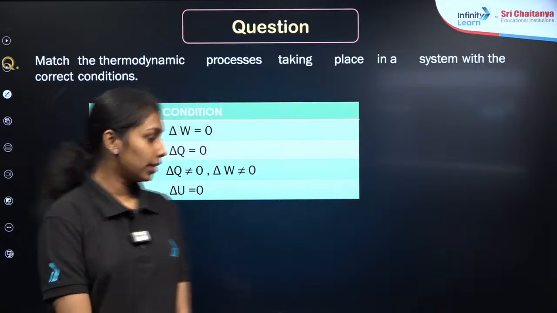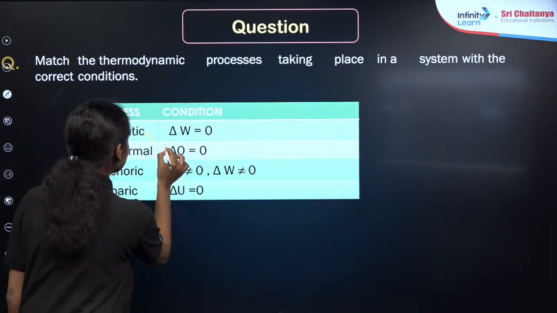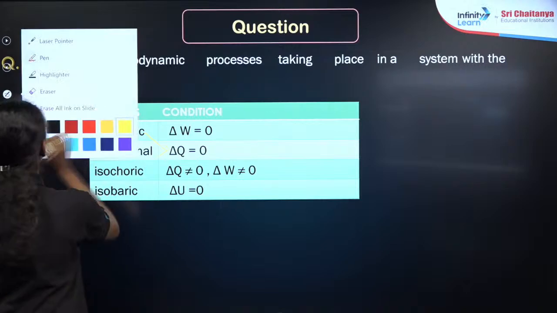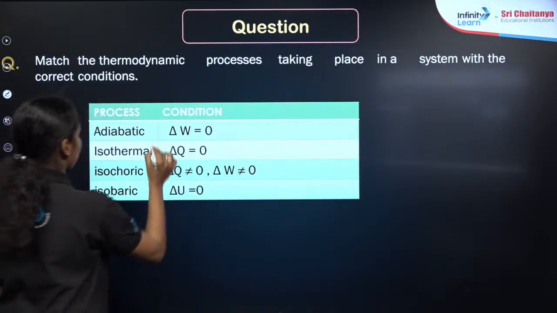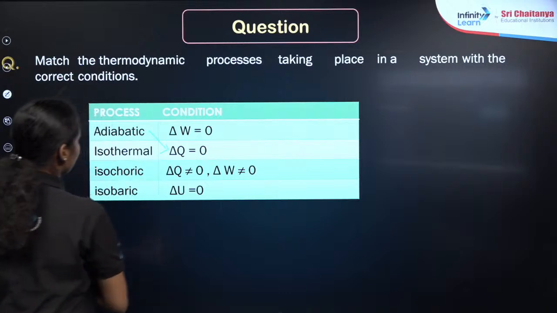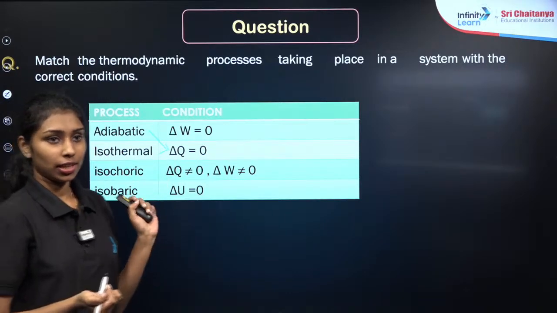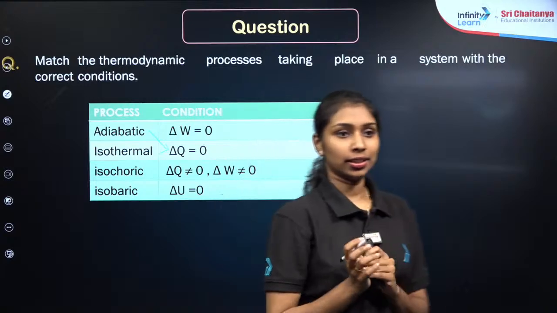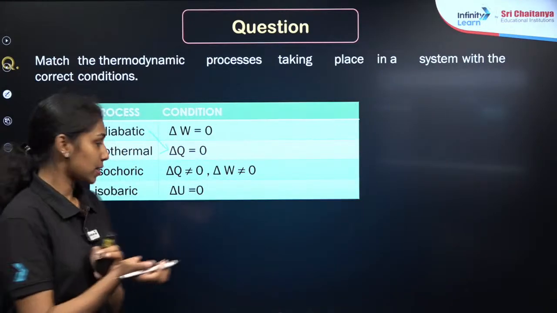Adiabatic process, right? In the case of an adiabatic process, I have already mentioned that there will not be any heat exchange. So adiabatic means delta Q is equal to 0, right? Then what about the isothermal process?